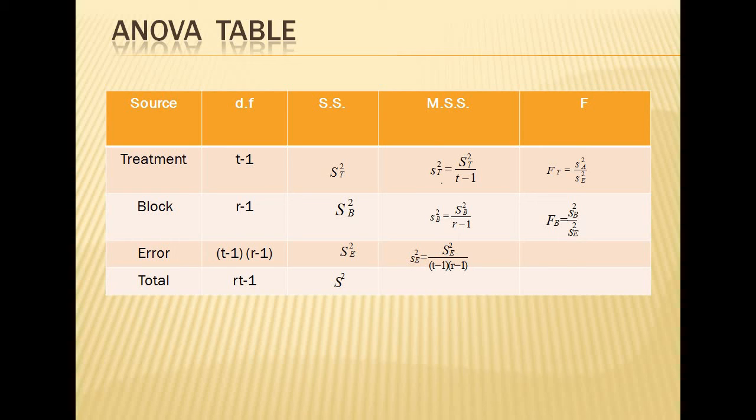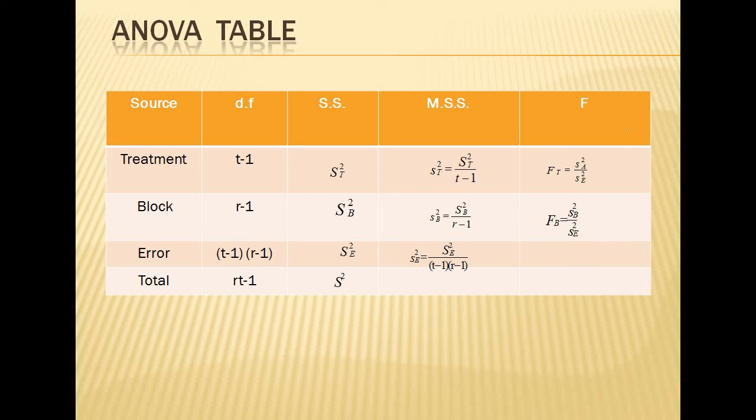And mean sum of square due to treatment is obtained by dividing the treatment sum of square by t-1, and block mean sum of square is obtained by dividing the block sum of square by r-1, and error mean sum of square is obtained by dividing the error sum of square by (t-1)(r-1).